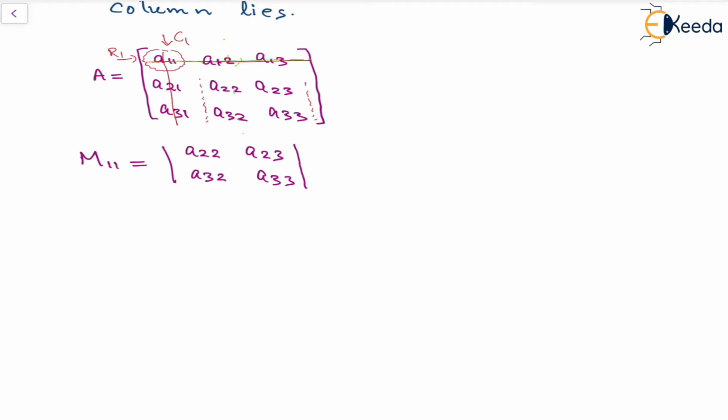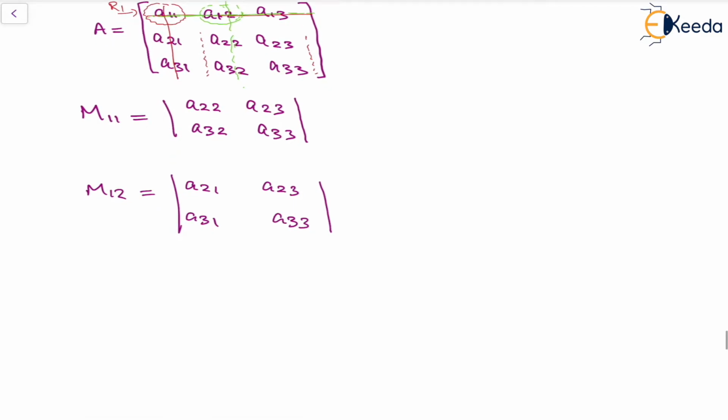Now for the minor of element A12, it will be M12, and we will be eliminating the first row and the second column. So we'll have the elements A21, A23, A31 and A33.